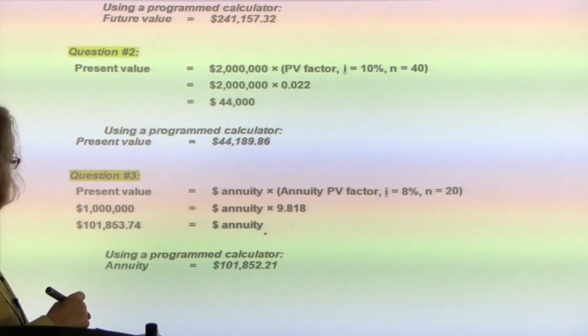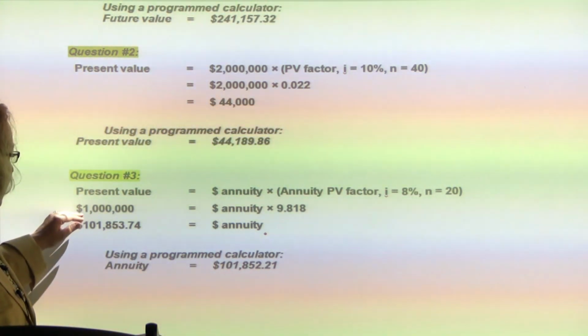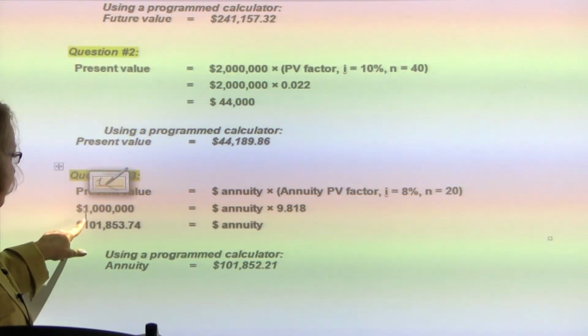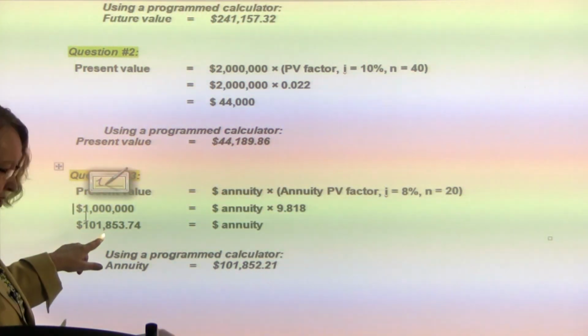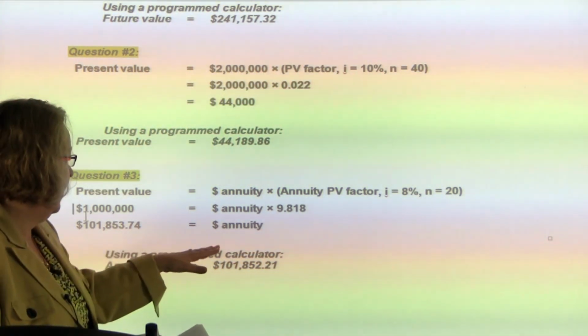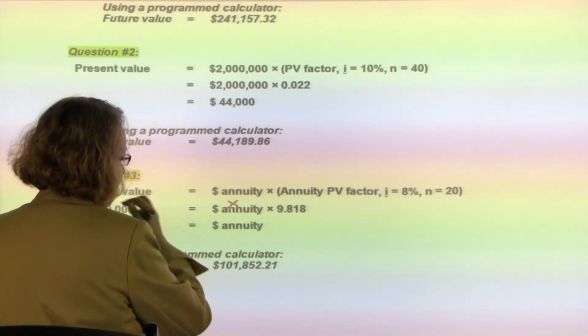So if you have $1 million is what you want now, and you're trying to solve for the annuity, the amount, think of this as X. This is what you're trying to solve for.